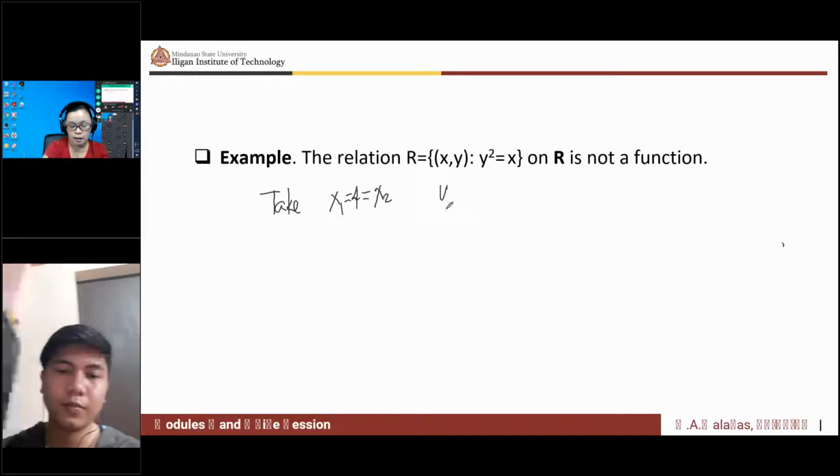And we can take y1 equals 2, and y2 equals -2.